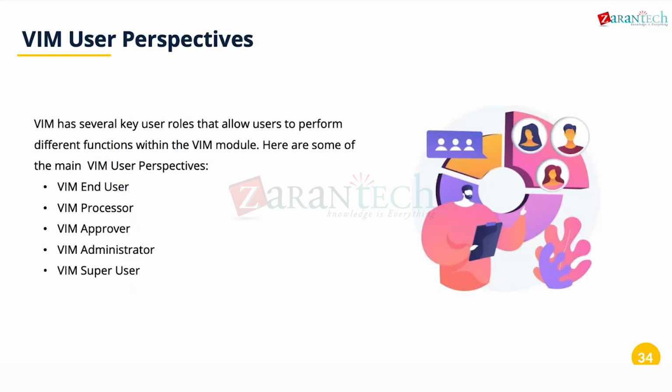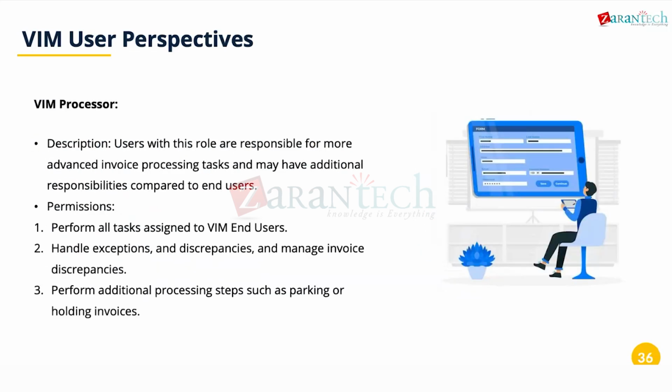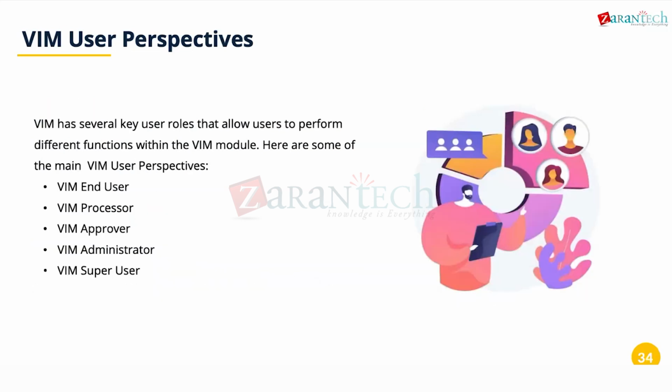We'll consider them the VIM end user or VIM processor. The VIM processor is the one who deals with the complex scenarios, primarily accounts payable. The rest, who are going to provide information, we consider as the end user.